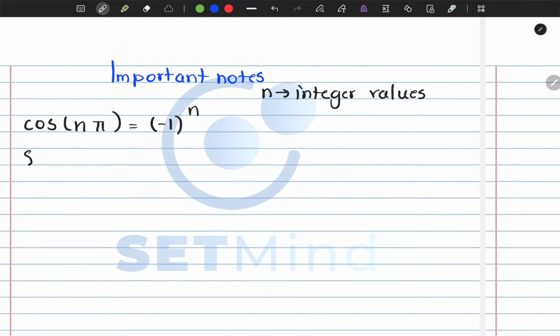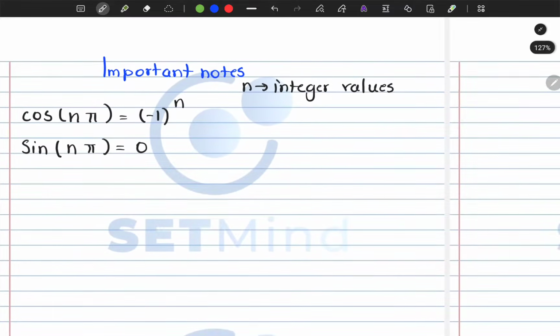Then what I need you to be aware of is that sine of n times pi always gives you 0. So when we work our problem out, wherever we see sine of n pi, we'll always put 0. And then, as you might be aware, cos of -n pi really doesn't change anything.